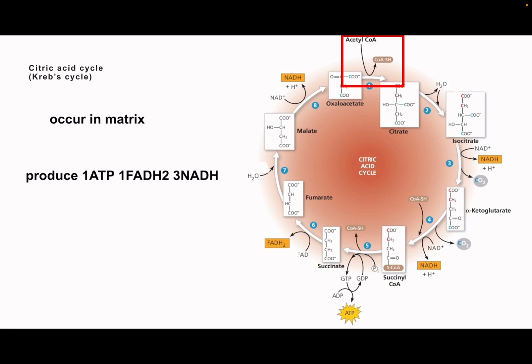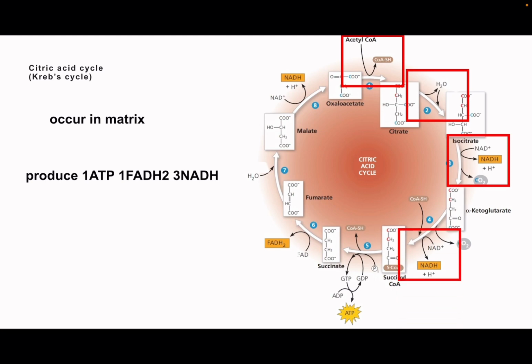Citrate is converted to its isomer, isocitrate, by removal of 1 water molecule and the addition of another. Isocitrate is oxidized, reducing NAD+ to NADH. Then the resulting compound loses a carbon dioxide molecule.